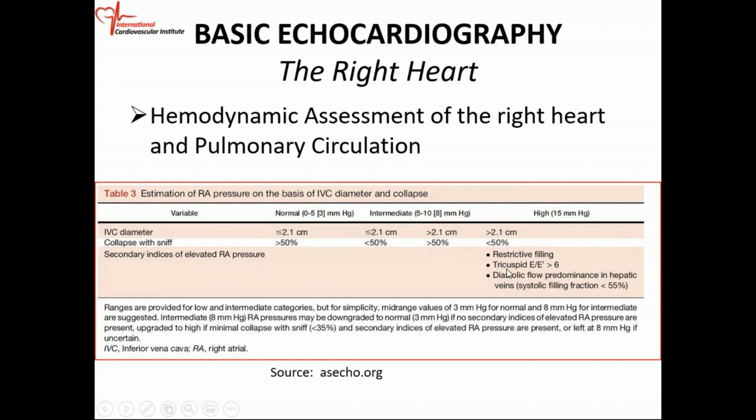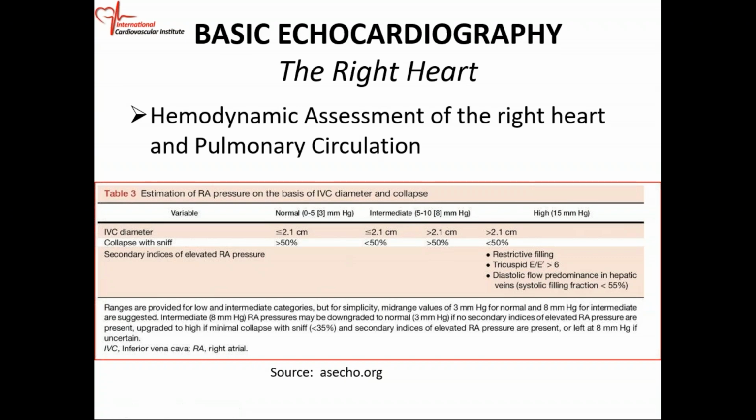And then when you look at your tricuspid inflow and your lateral tricuspid TDI velocity, the E/e' ratio should be greater than 6. When you look at your hepatic vein flow, you get diastolic predominance. So you have to know this table, okay?